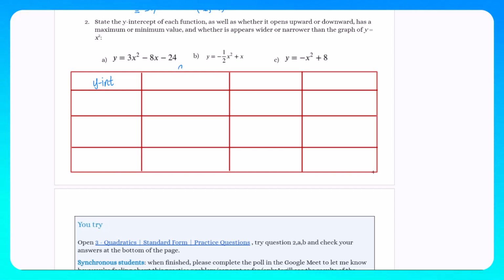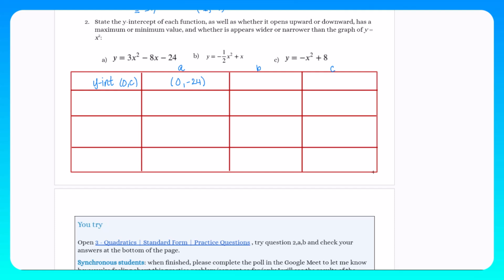Let's call this A, B, and C, and let's look at A. Well, we know that the y-intercept is of the form 0 and c, so the y-intercept here is 0 and -24. Now b is a little different.